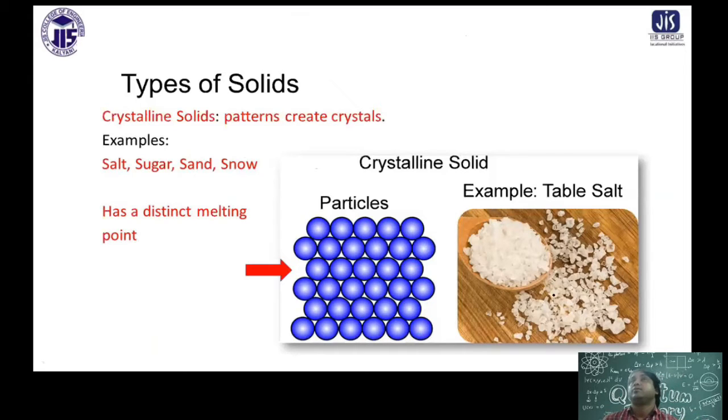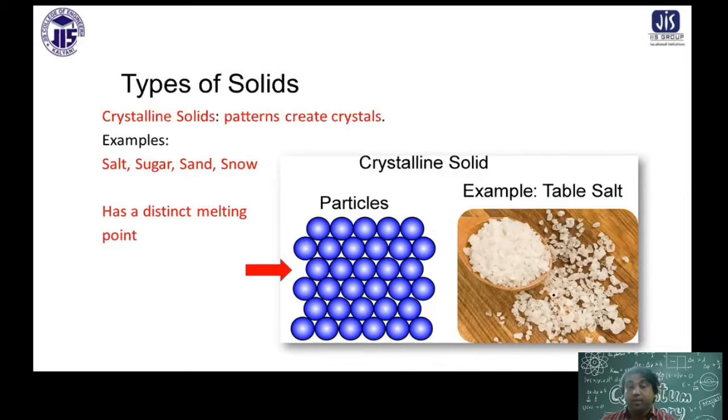Same thing, these are the crystalline solids. Examples given there: sugar, table salt, sand, snow. These are basically examples of the crystalline solid.